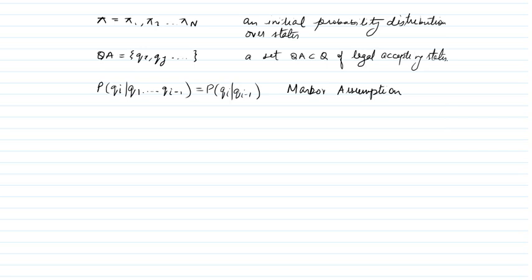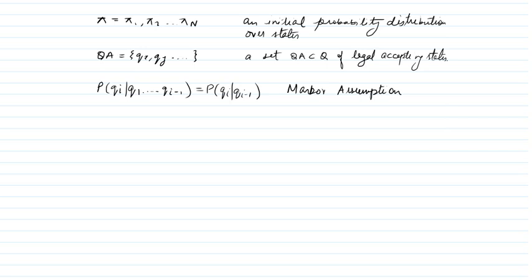Now we can also have another kind of assumption: that the probability of an output observation oi depends only on the state that produced the observation, qi. So any of these observations that are produced by some state is only dependent on that state. It is not dependent on any of the previous states.